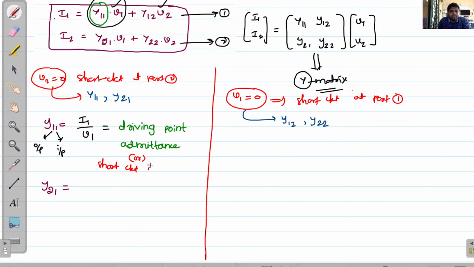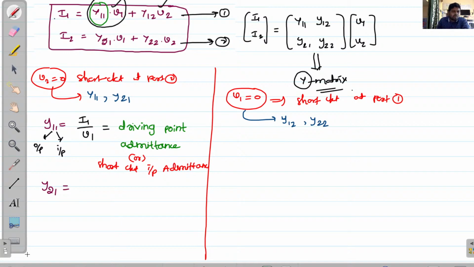I am calling it input admittance because if you are considering port 1 as the input port, we can call it short circuit input admittance. Otherwise you can use short circuit admittance also, that is also a suitable name.